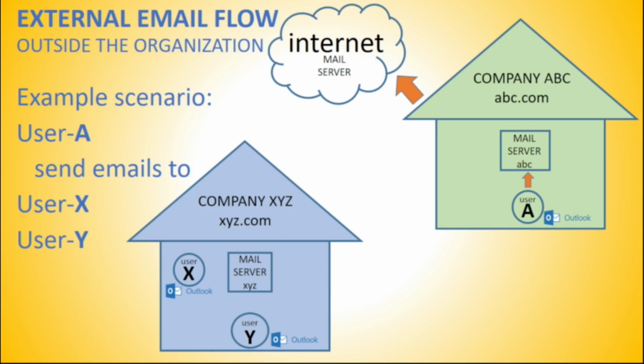The Internet has mail servers and knows the location of company XYZ. Then it routes the email to the company XYZ mail server. And finally, the mail server XYZ drops the email to user X and user Y's mailbox.